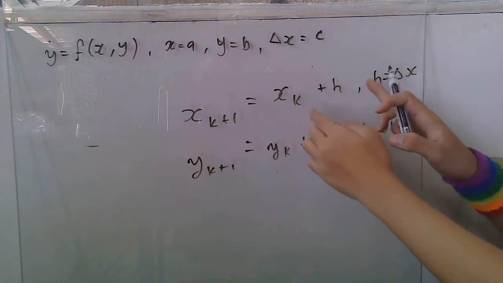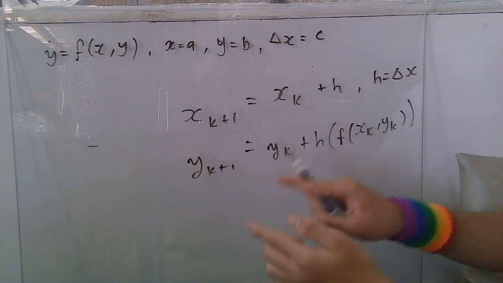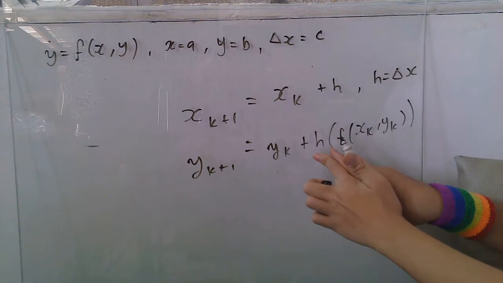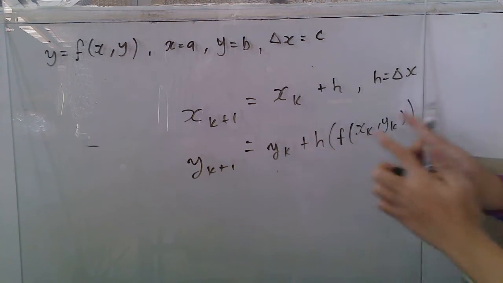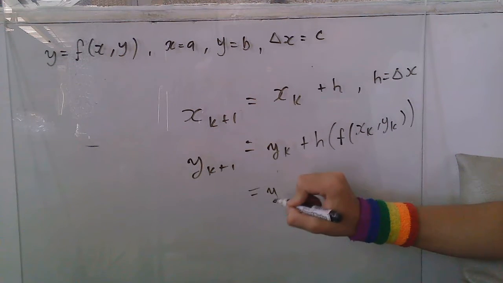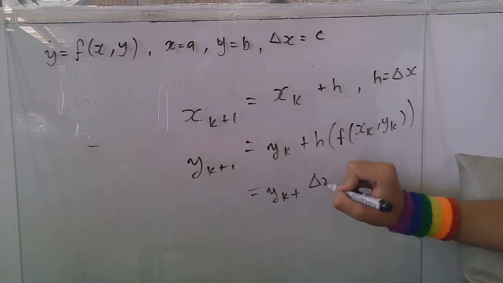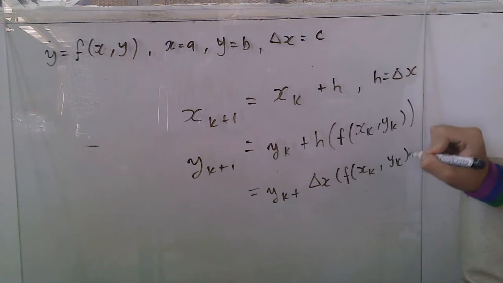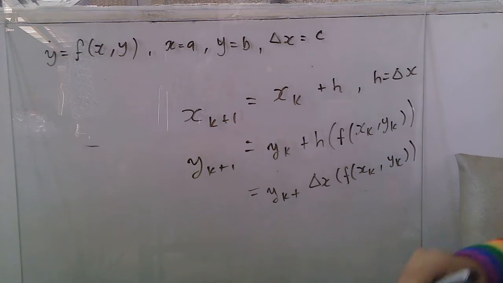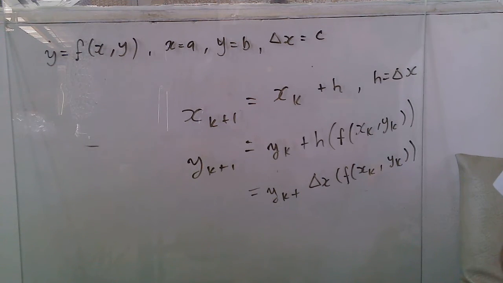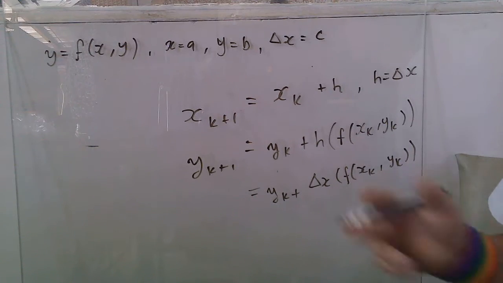So we input x sub k and y sub k, our initial values, into the function, and then multiply it by that initial nudge, or delta x. So I'll write it here: plus delta x, f of x sub k, y sub k. This is Euler's method. This is a group of formulas you can use to approximate y and x given some initial value.